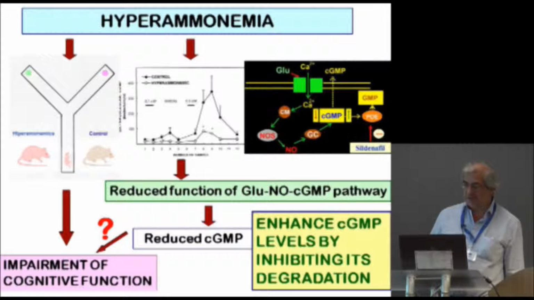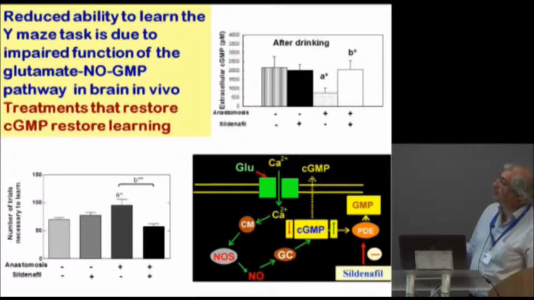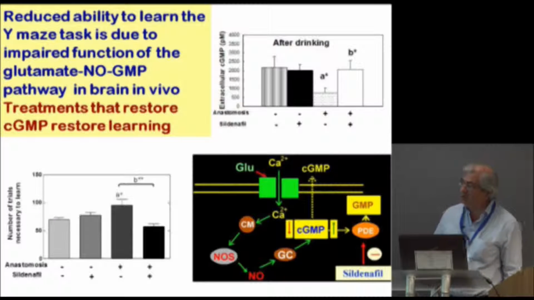We tested whether sildenafil restores the function of the pathway and the ability to learn in rats with portacaval shunt. As you can see here, rats with portacaval shunt have lower levels of cyclic GMP in cerebellum, and treatment with sildenafil restores cyclic GMP levels to normal levels. And this also restores the ability to learn.